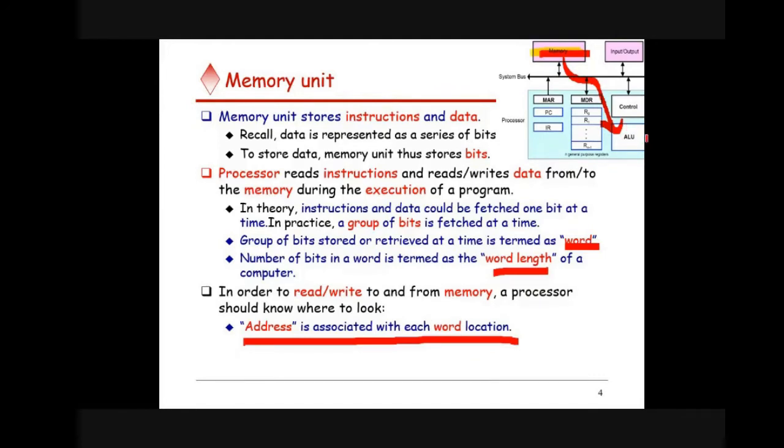So if the processor knows the corresponding address, it can take that data from the memory. You can just remember this like a story. There is not much required. You can take the data from the memory to the ALU, the data will be transferred in terms of words, and the number of bits present inside a word is called the word length. And where the data resides inside the memory, that will be accessed through the address. So the processor should know the address of that.